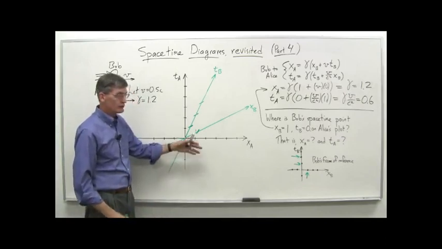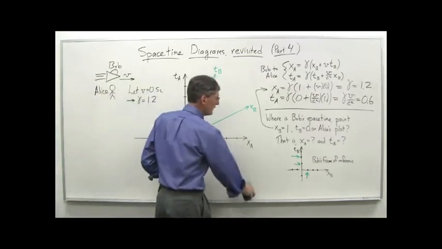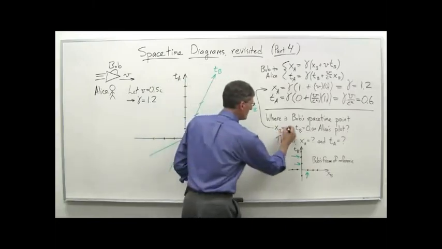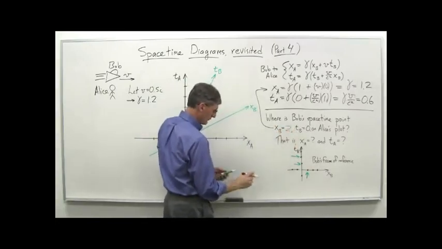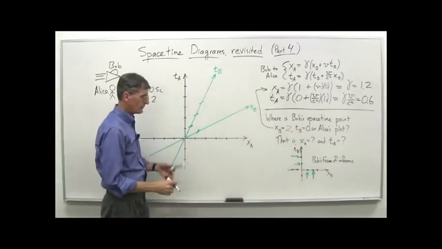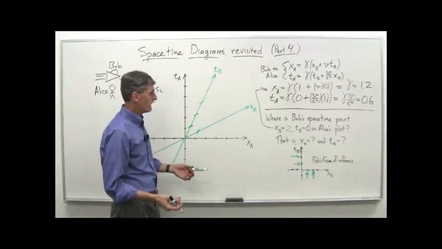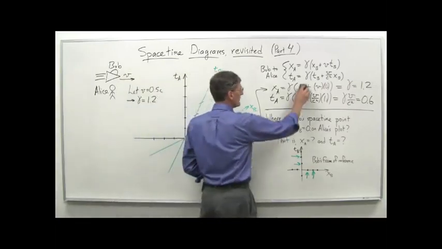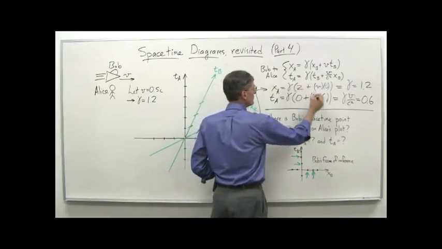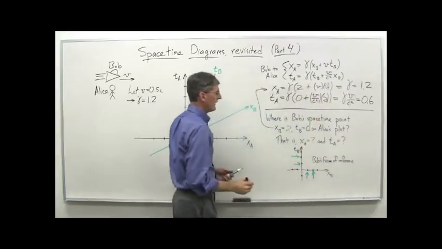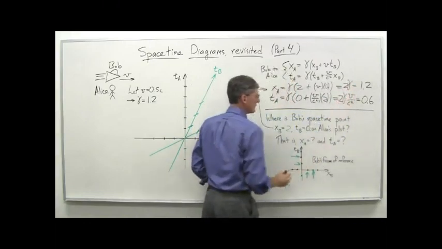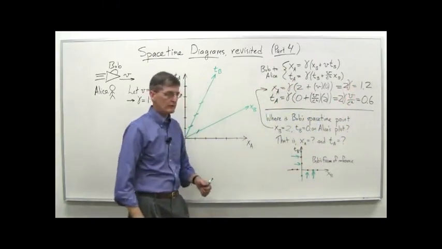Okay, let's do one more here. So x sub b equals 2, because then we'll see the pattern. x sub b equals 2. So now we're looking at this point right here on the x sub b axis. t sub b is 0. And so we come up here. The zeros stay the same. This becomes a 2. This becomes a 2. And we get 2 gamma and 2 gamma v over c squared in those cases.